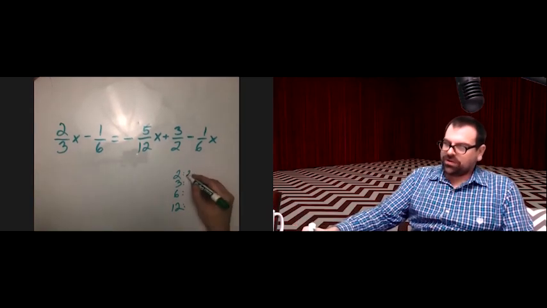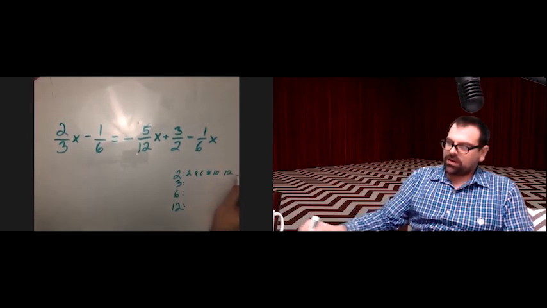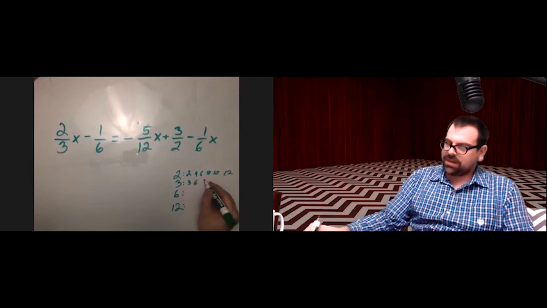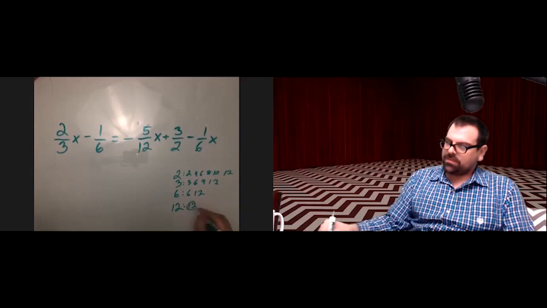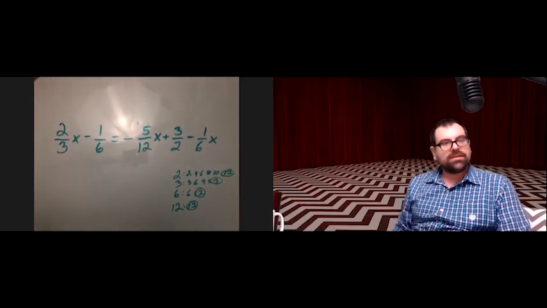It shouldn't be too difficult to figure this out. I'm going to write them out, but you might have been able just to look at it and see that that number is going to be 12. It's the first one to appear in every list of multiples.